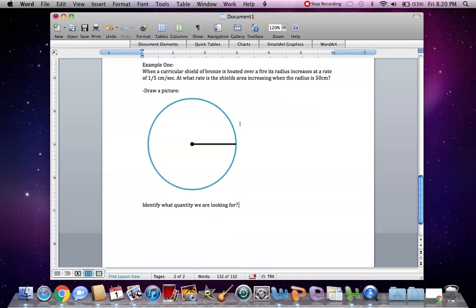In this problem, we are looking for area, so we know that we are looking for dA over dt.